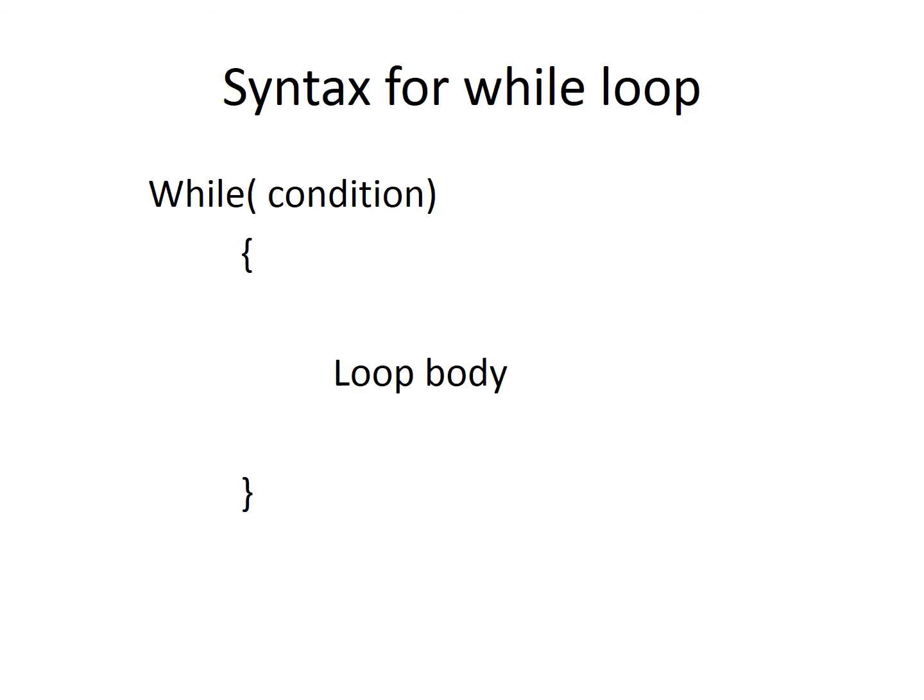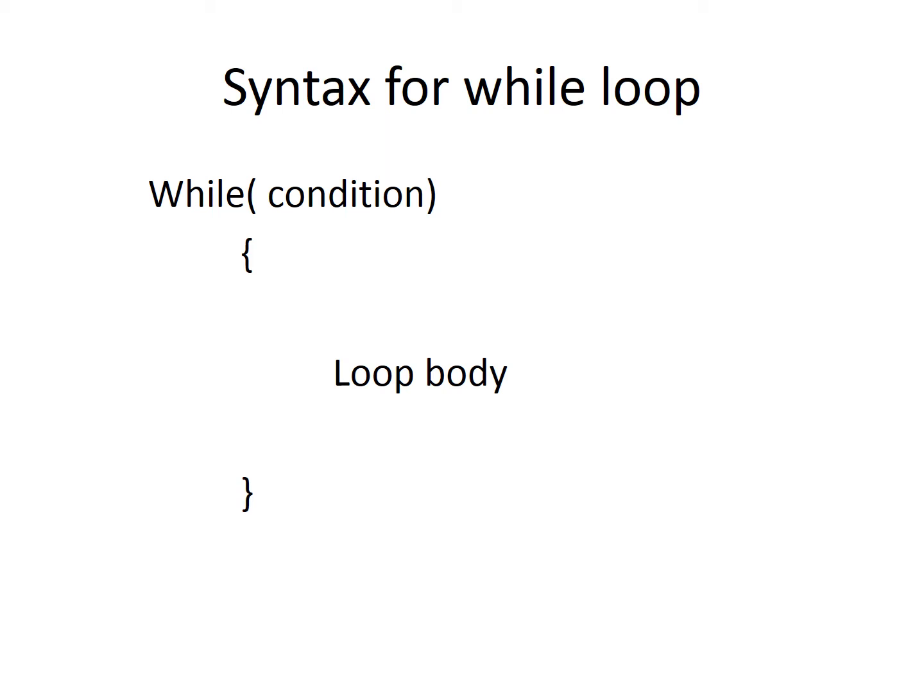Now let's see the syntax used for writing the while loop. Firstly, we have to write the keyword while. Then in round brackets, we have to put the condition. The C compiler checks whether the condition is true, and then the part to execute is written within a pair of curly brackets. These statements together are called the loop body.